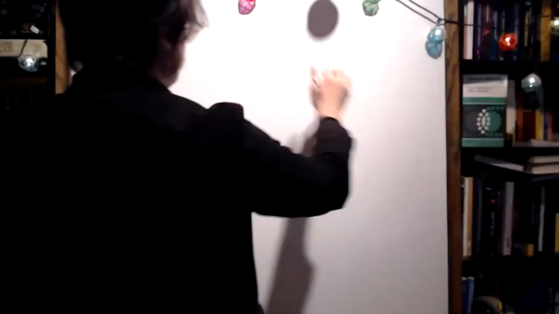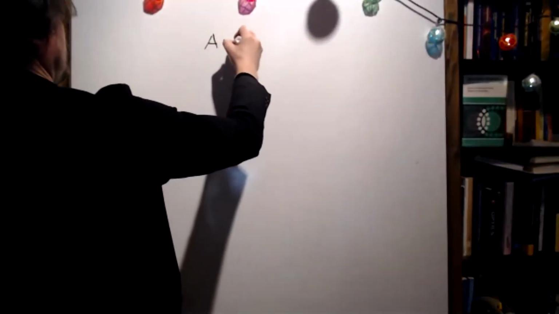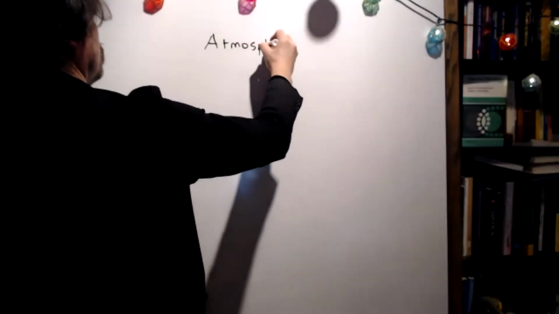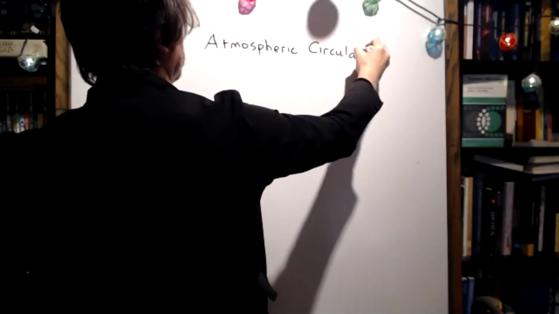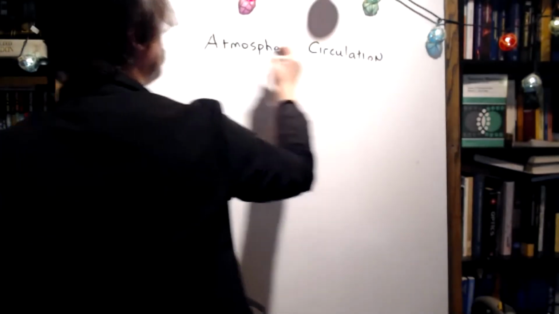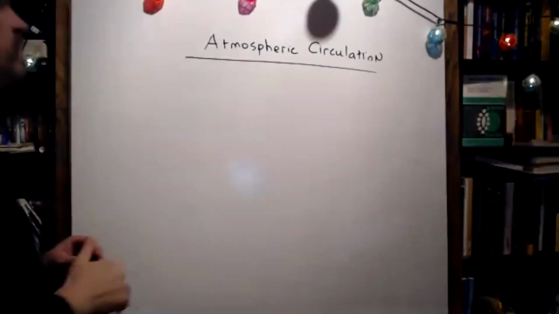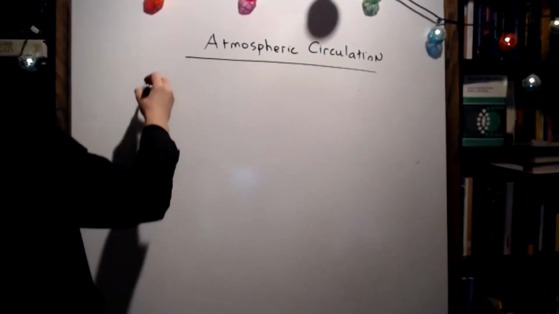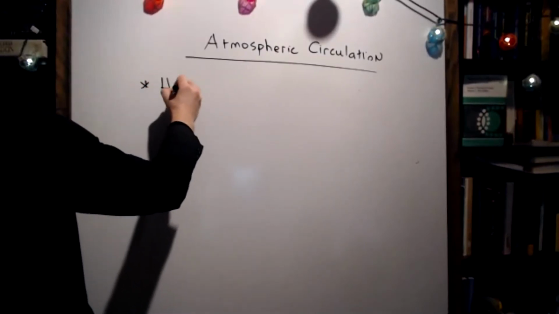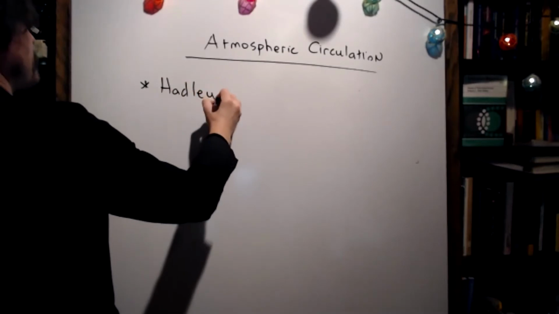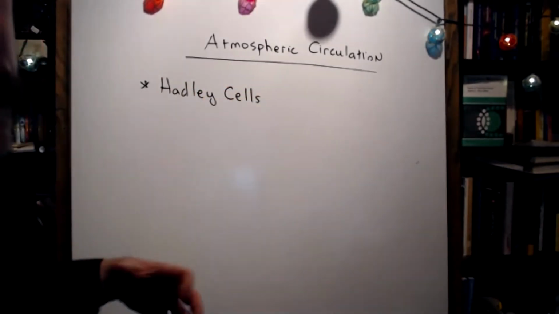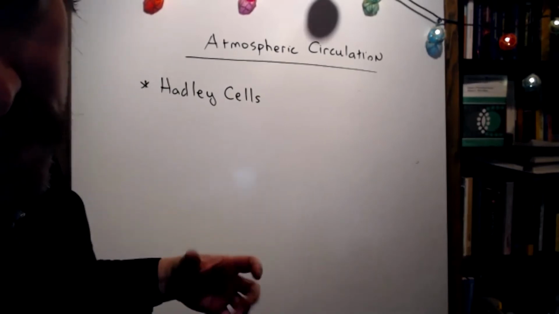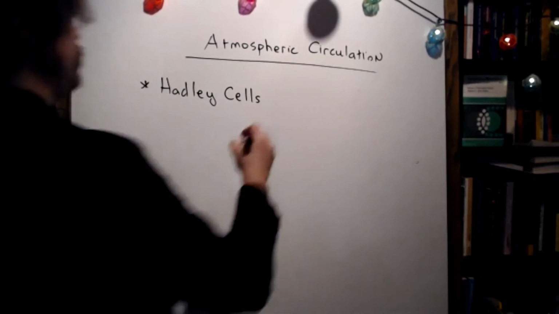So I want to spend a few minutes talking to you guys about atmospheric circulation. So there is this concept called the Hadley cell. Hadley cells are basically just big convection cells in a planet's atmosphere.